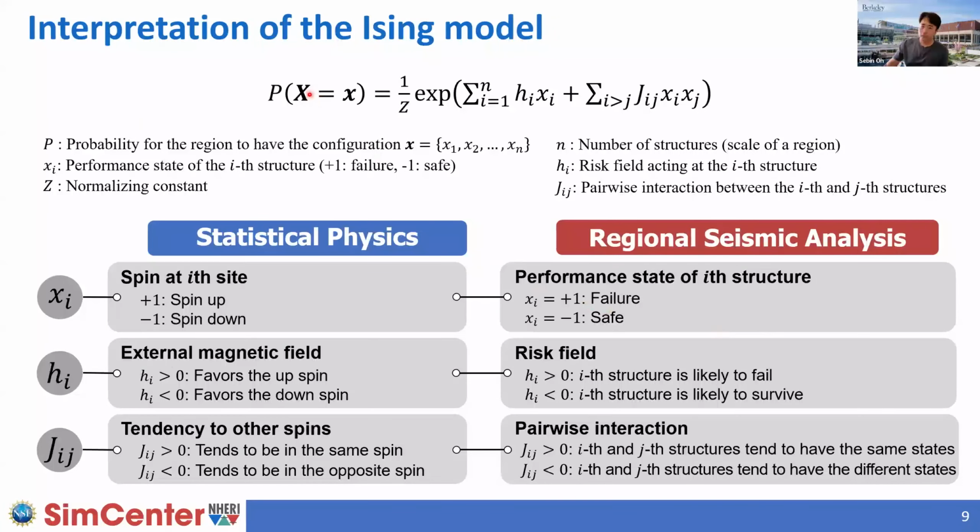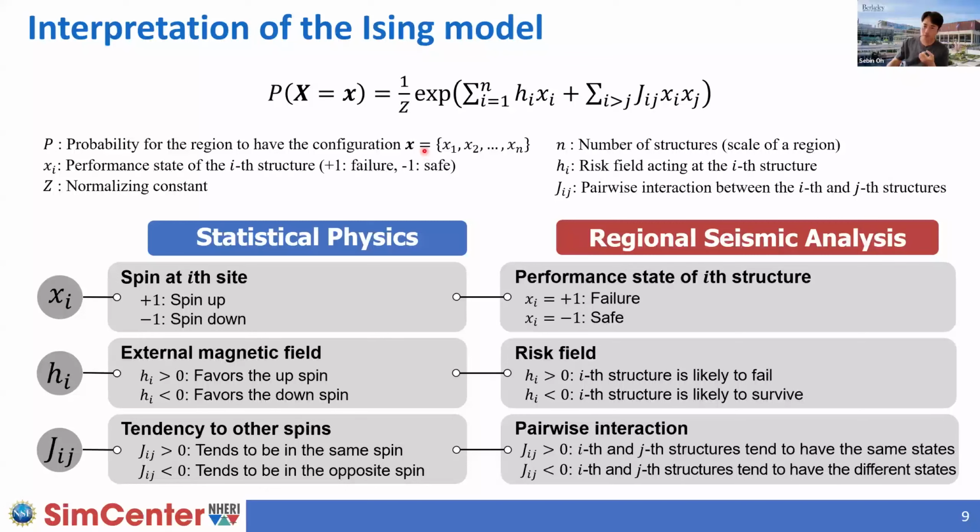So here, in the Ising model, P(X = x) means the probability for the region to have the configuration x, and here X means the damage state of all structures in the region.